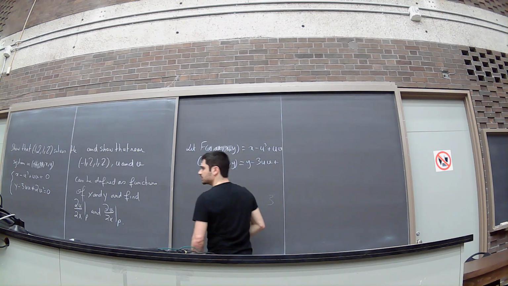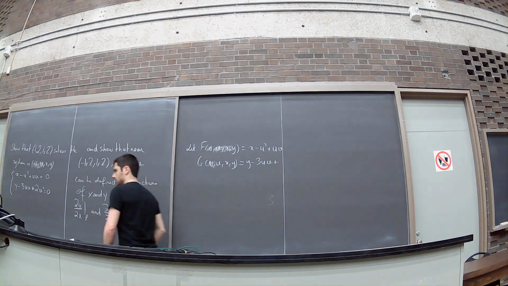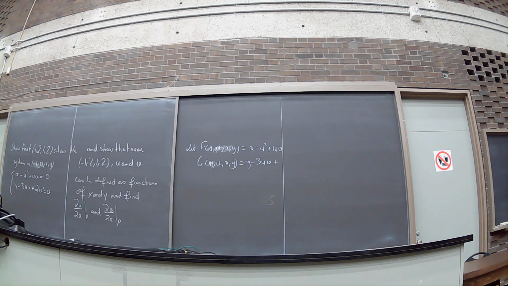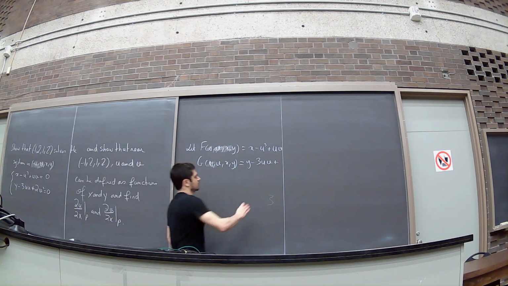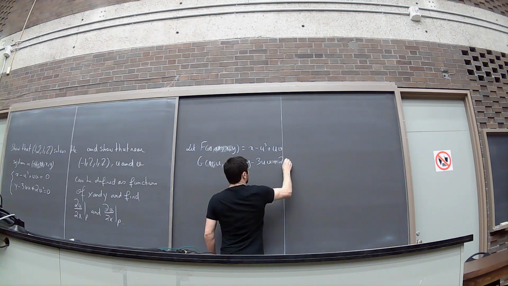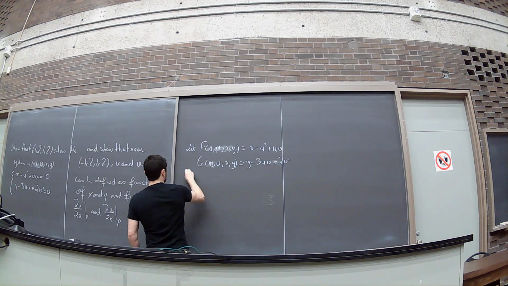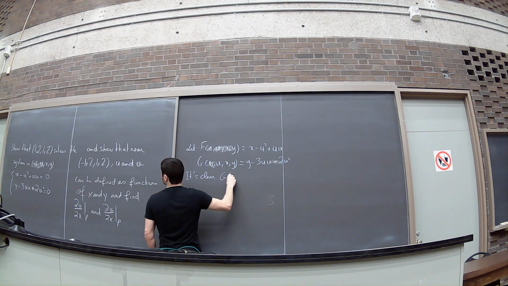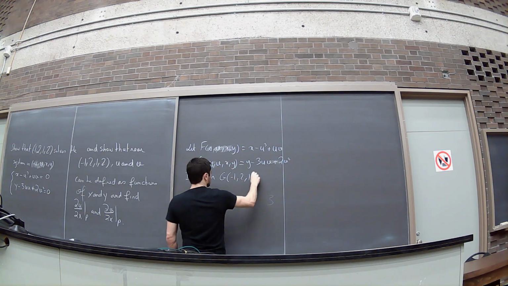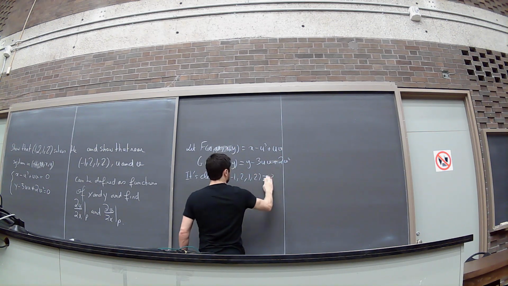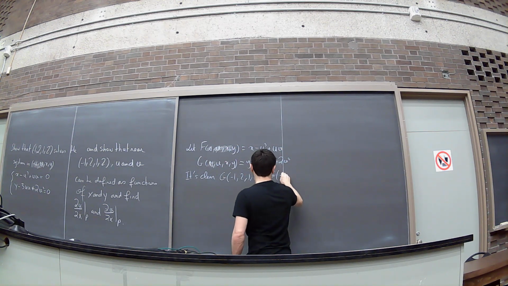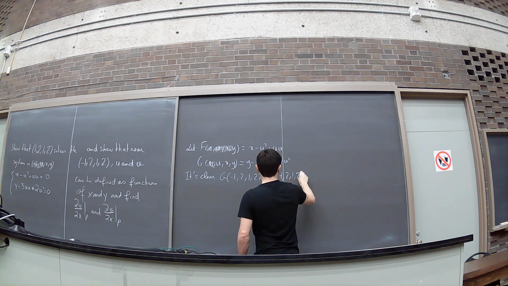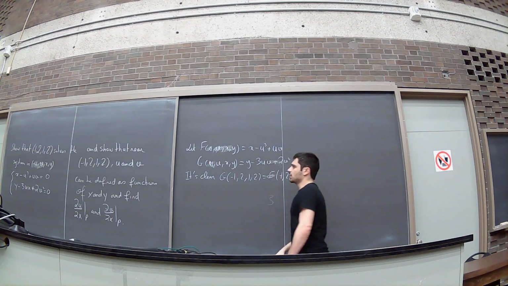Minus 2v squared or plus 2v squared? Plus 2v squared, right? Minus 2v squared. Okay, it's clear. That G of minus 1, 2, 1 is equal to 0. Okay, great.